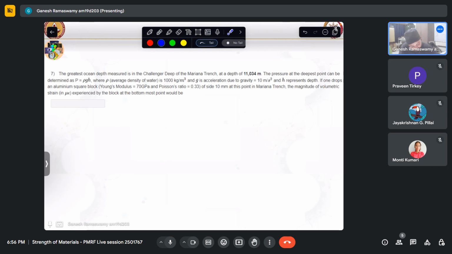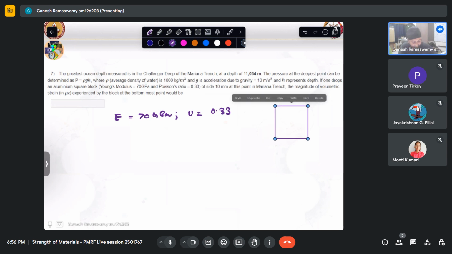If one drops an aluminium square block with Young's modulus 70 GPa and Poisson's ratio 0.33, so essentially it's a cube. We may as well have said a cube.